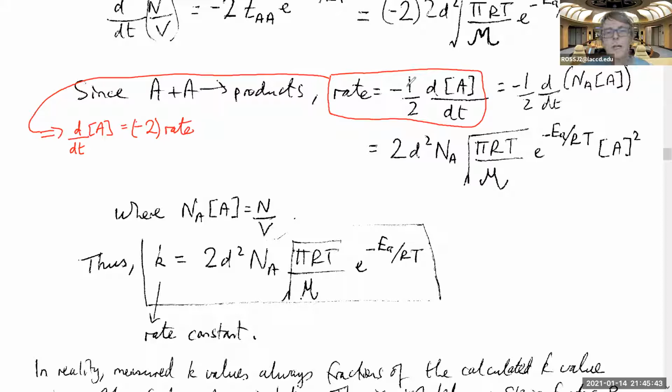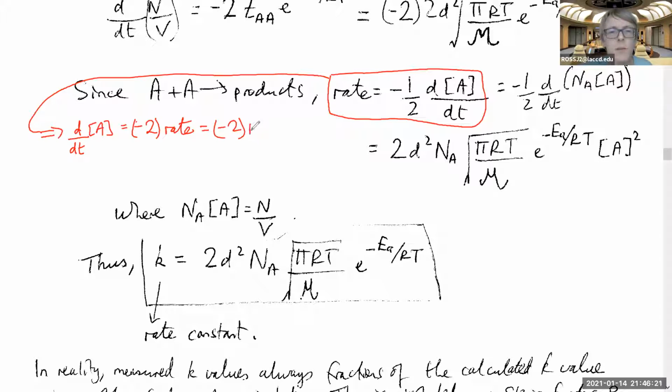From this rate expression, we can say that this change here is going to be minus 2 times the rate.